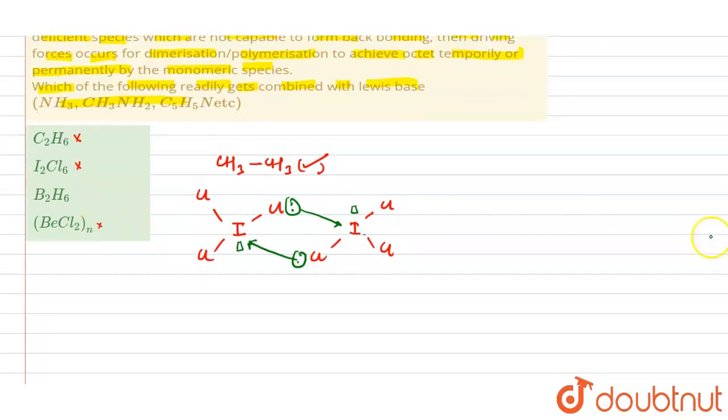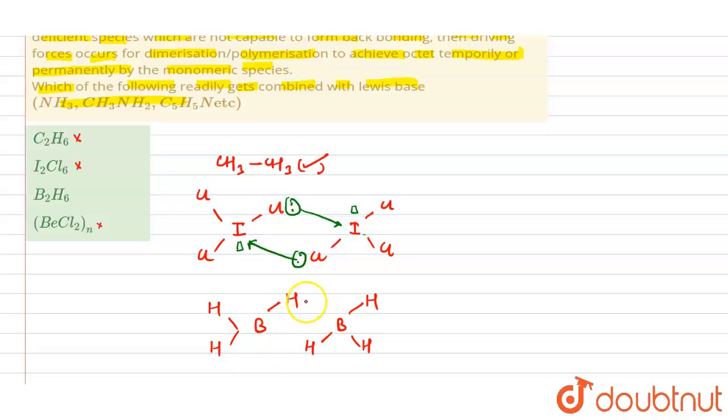But what about this B2H6? B2H6 is basically an electron deficient compound, and it is the dimer form of BH3. What happens? To temporarily gain its octet, its dimer form is formed, because BH3 is an electron deficient compound.